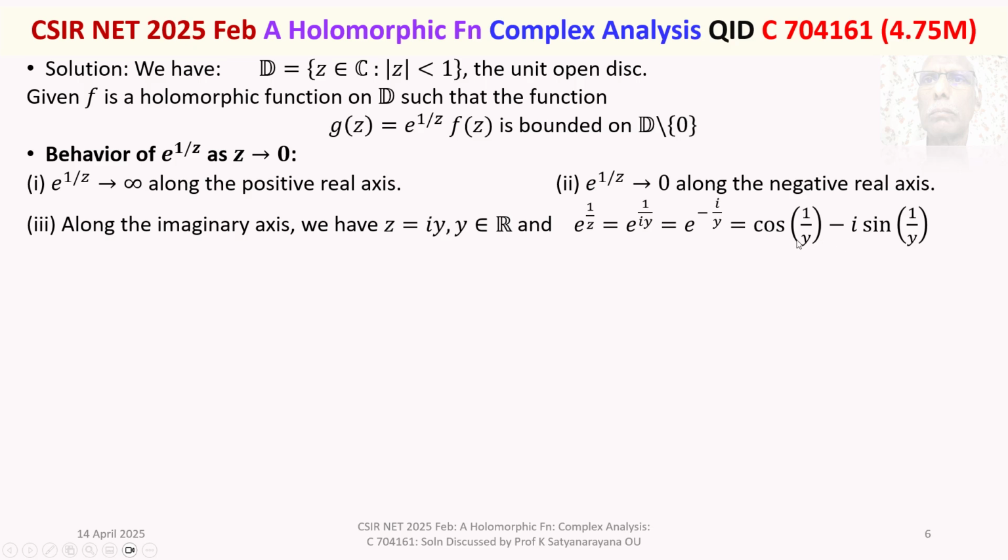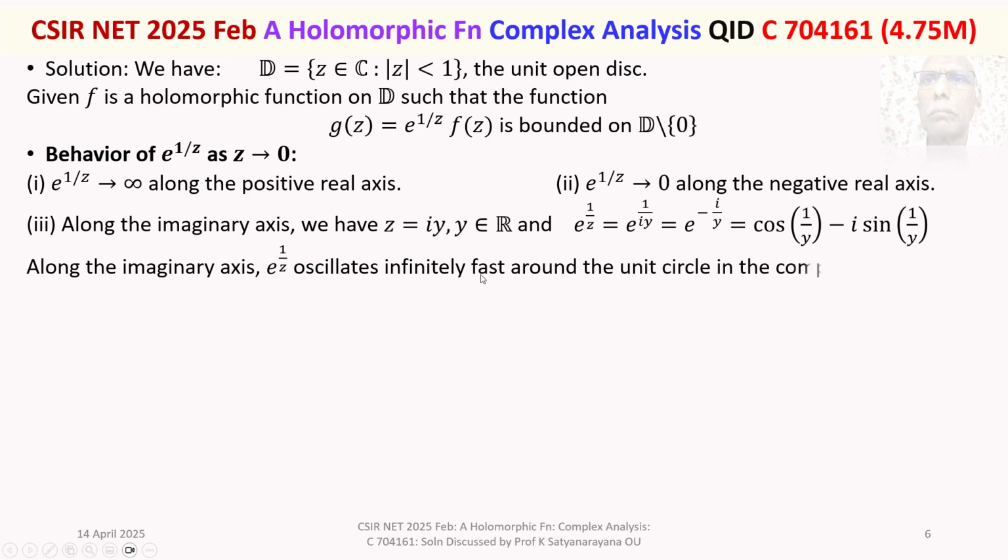These values will be oscillating and will move on a unit circle because the absolute value of this is 1. So along the imaginary axis, e to the power of 1 by z oscillates infinitely fast around the unit circle in the complex plane.